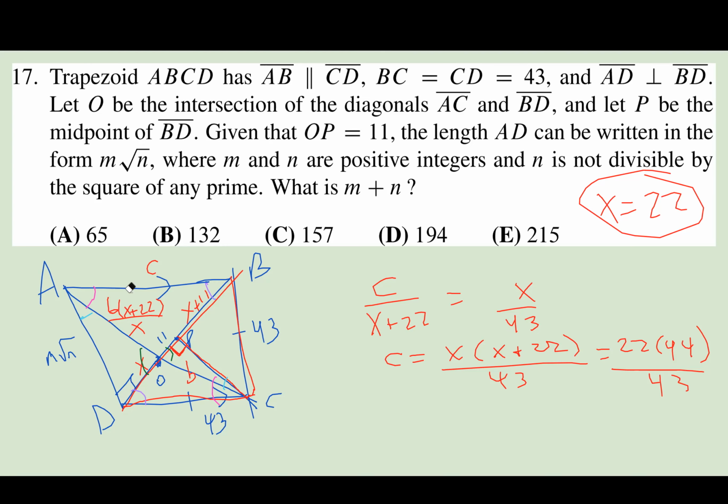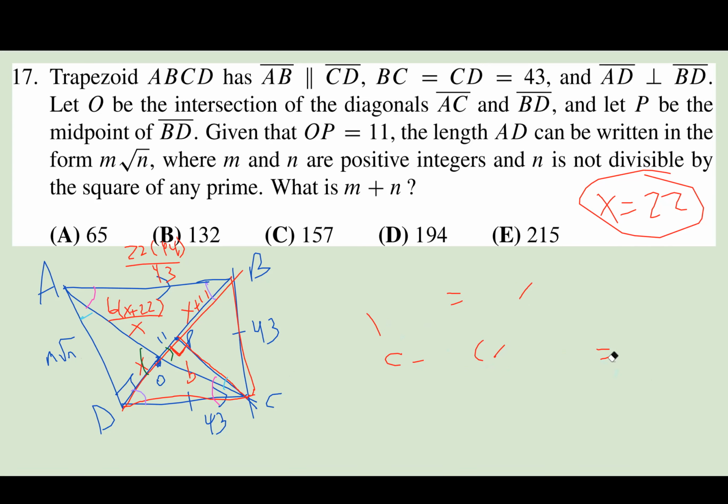So now what I can do is replace this with 22 times 44 over 43. And I also know what x is, so I can now use the Pythagorean theorem to solve for the missing side.